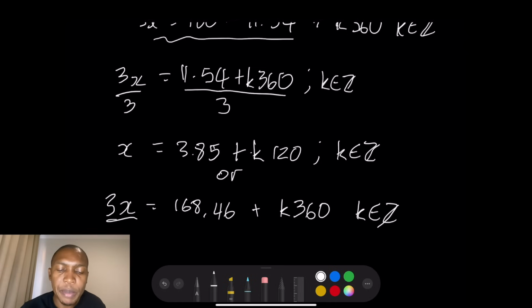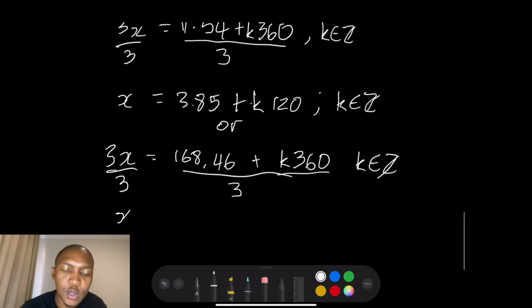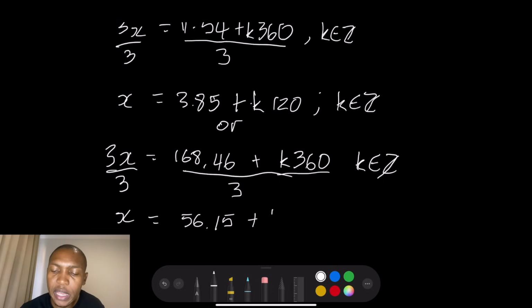So divide that by 3. If I divide that by 3, I get 56.15. So divide by 3 also on this side. So x would be equal to 56.15 plus k120, and k is an element of integers.